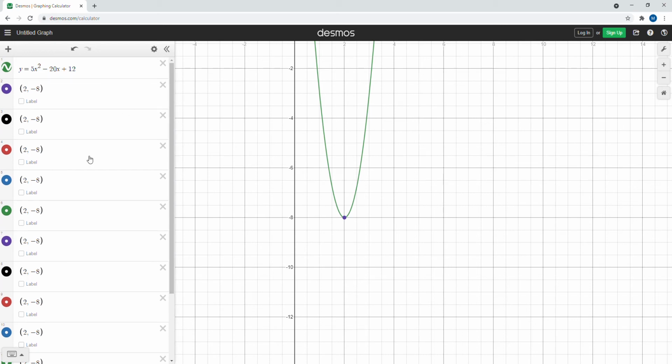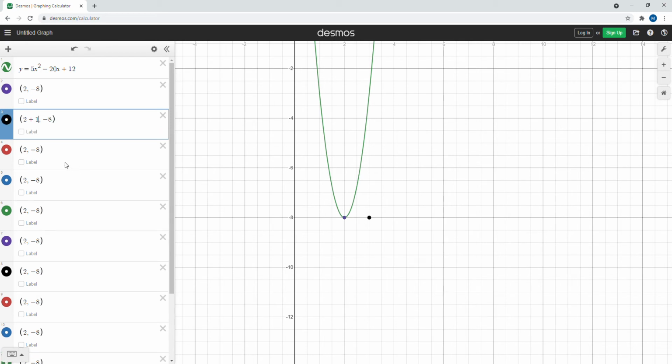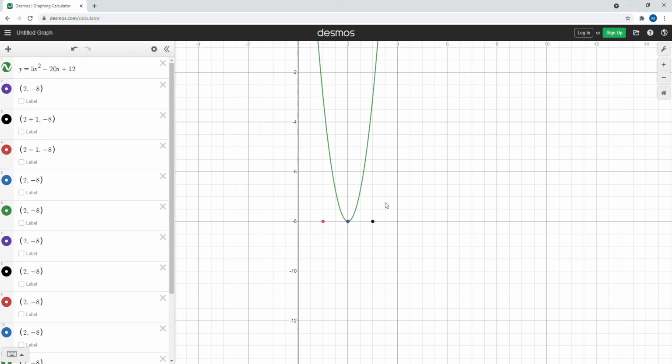Then we're going to do the same thing that we did last time. For upward opening parabolas, we're going to add 1 to the x coordinate of our vertex, and we're also going to subtract 1. That means we're making points to the left and right of the vertex.